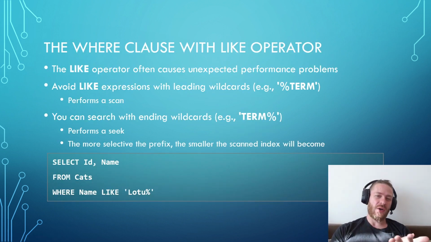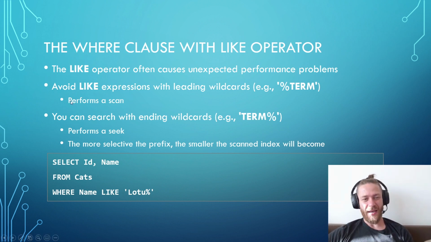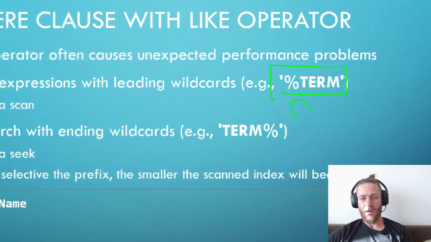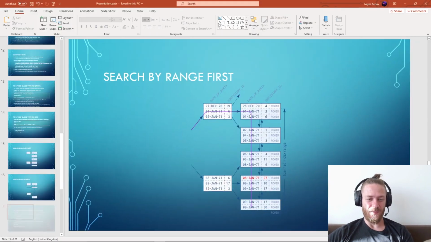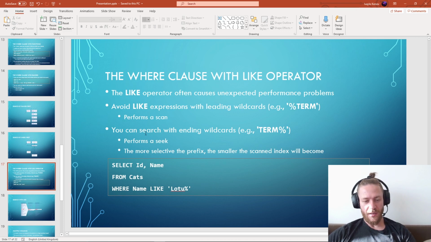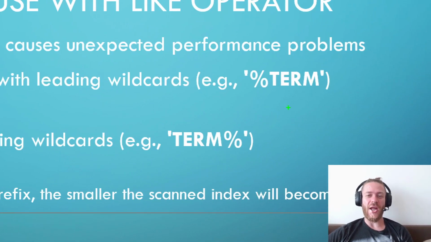Then, work carefully with the LIKE operator. Avoid LIKE expressions with leading wildcards. Example like this. When you search with leading wildcards, you do an index scan, because the index needs to consider every entry for this wildcard.